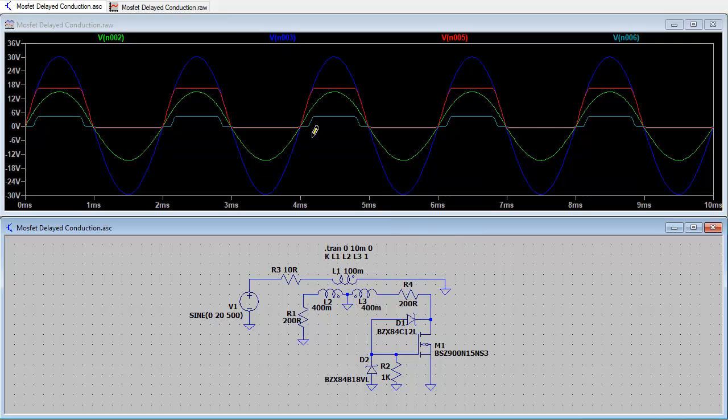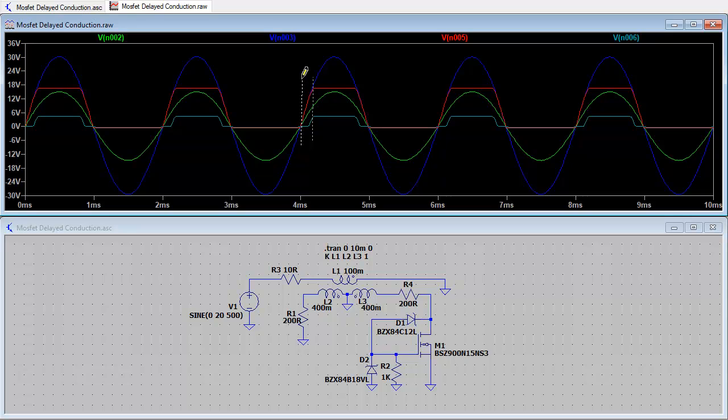You can see a delay in conduction right there, from there to about there. And that's not perfectly accurate, but you sort of get the idea.